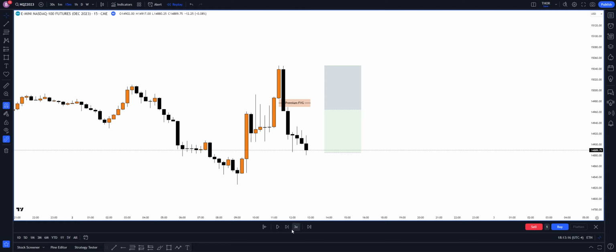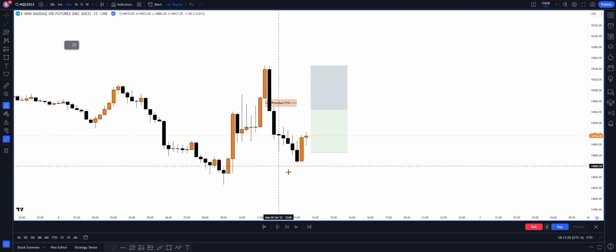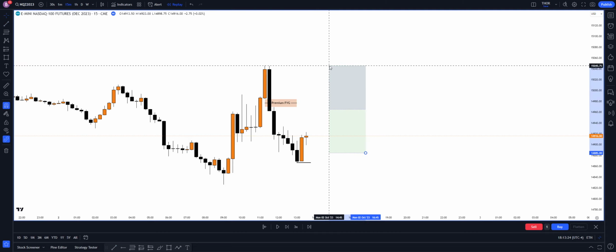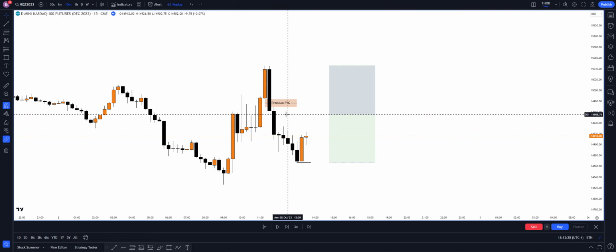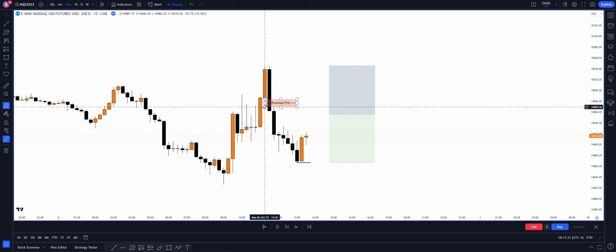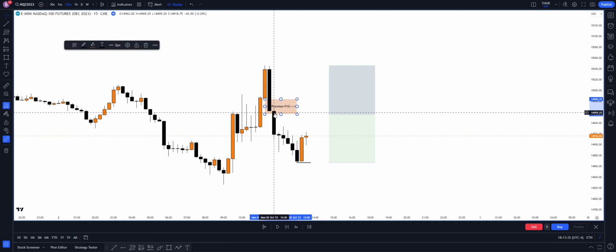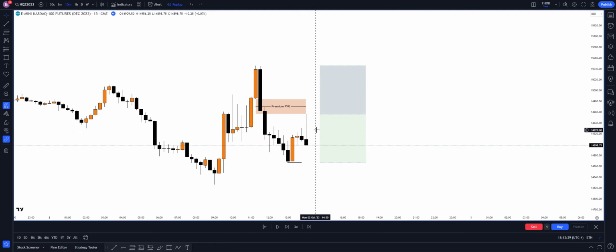Let's wait for the swing low. Okay, there's a new swing low here, and that means we have a new dealing range, like that. In this case, we also have this little area here in the premium area, so I'll take that as well, and I'll wait for a retracement.